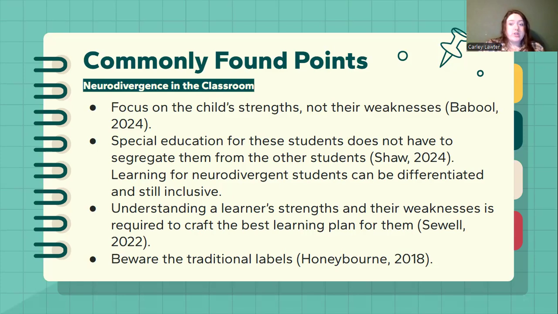You do need to understand what their needs are and how you can help them, but don't get so caught up in the labels that you forget that you are crafting a plan for that child. Don't think of them as, oh, this is my student and he's dyslexic, for example, and that's his whole identity, because he's more than his label. He's more than the neurodivergence.